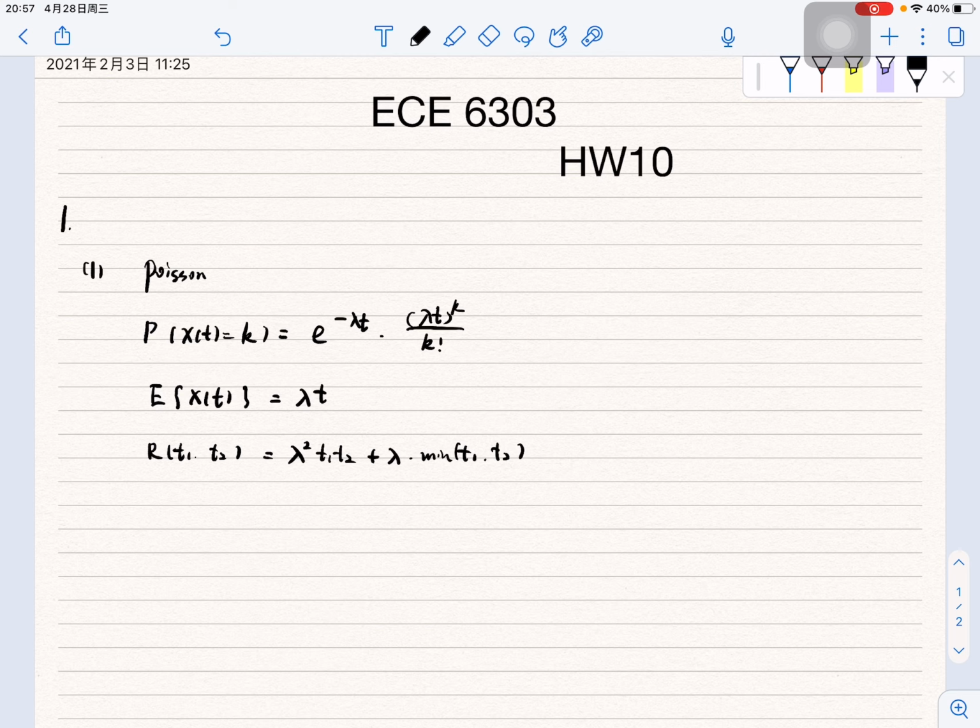The autocovariance C(t1, t2) equals lambda multiplied by min(t1, t2). We can find that the mean is lambda t, which is a linear function of t. We can expect that the longer we wait, the larger the expected number of buses.